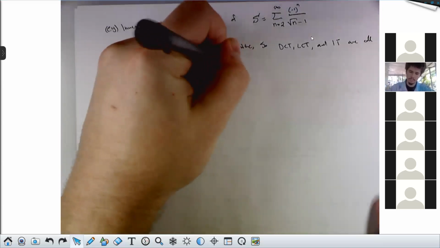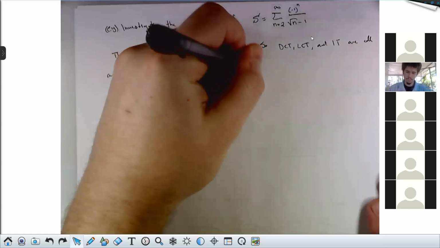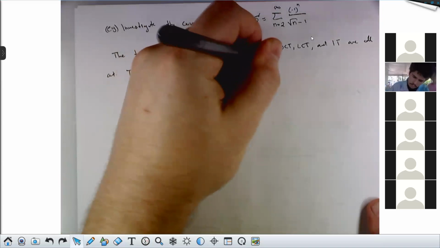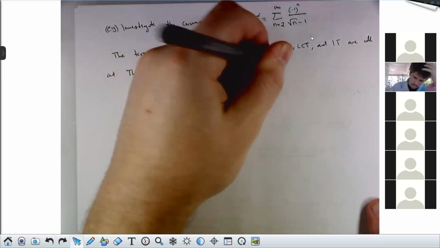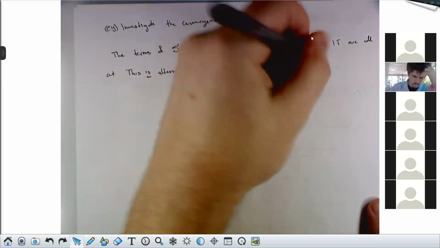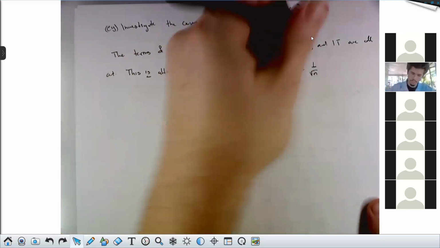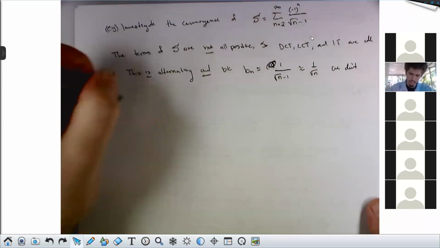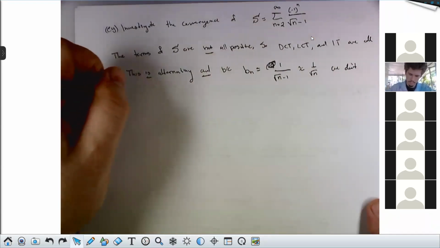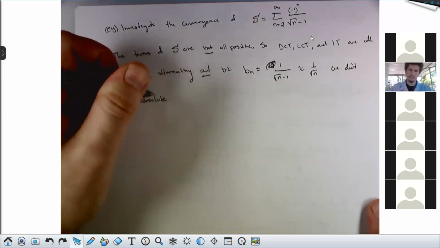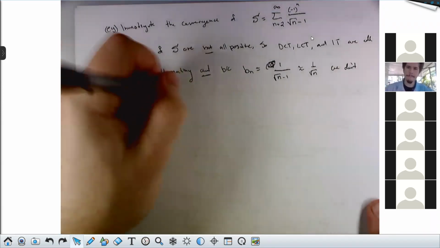And because the bn's here are 1 over root n minus 1, asymptotically like 1 over root n, we don't expect absolute convergence. So that's exactly the observation I was looking for from Alejandro.